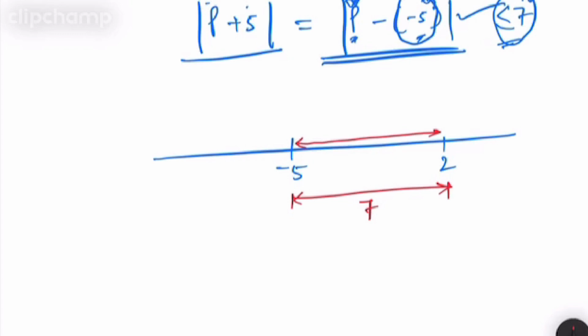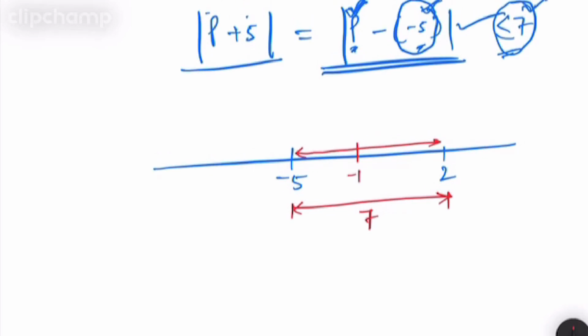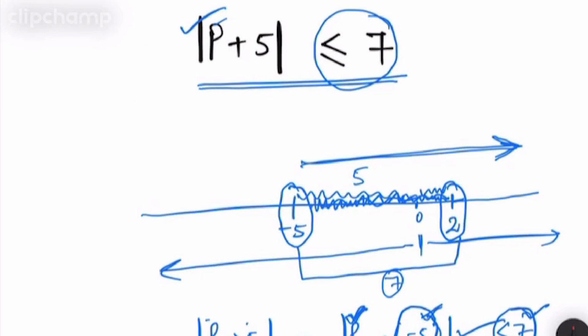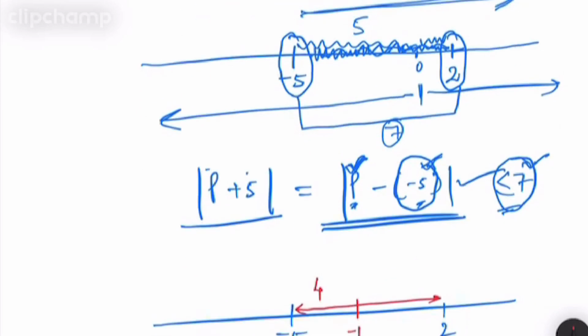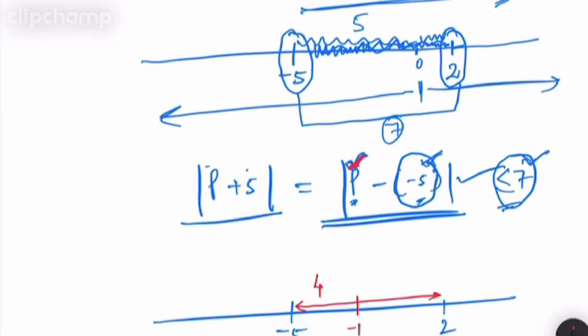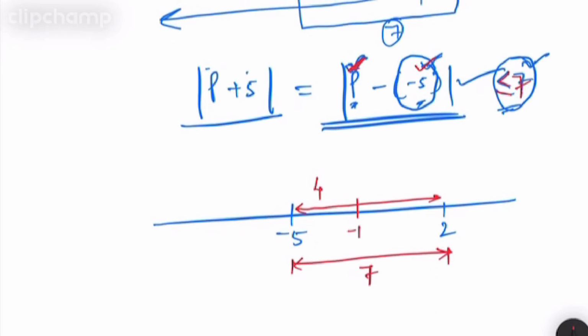Let's say it falls somewhere here where it is minus 1. Then the distance from minus 5 will be 4 units, and our requirement is that the distance of p from minus 5 should be less than or equal to 7. So it will satisfy.